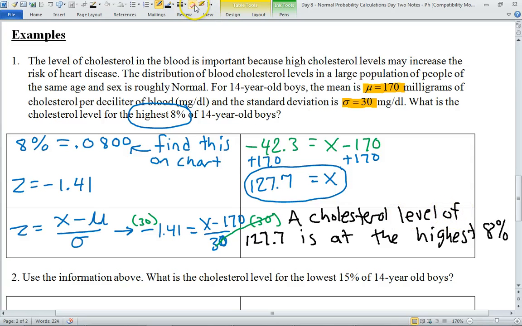Instead of saying of, I'll feel more comfortable if we say above. A cholesterol level above 127.7. Thinking in terms of a normal curve, 127.7 is like this number right here, but the highest 8% is the part to the right of that. So saying above is more appropriate.